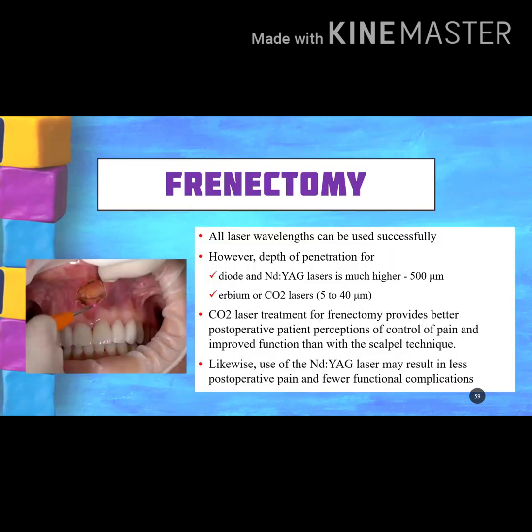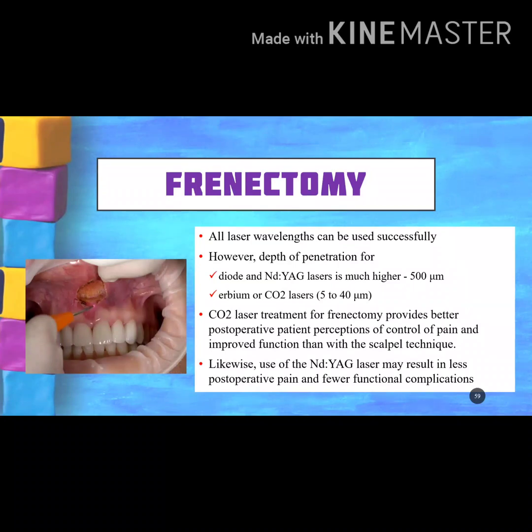Now, starting with the frenectomy, all the wavelengths can be used for a frenectomy. The diode and Nd:YAG lasers are used because the penetration depth of the diode and Nd:YAG laser is 500 μm, while the Erbium and carbon dioxide laser has 5 to 14 μm.